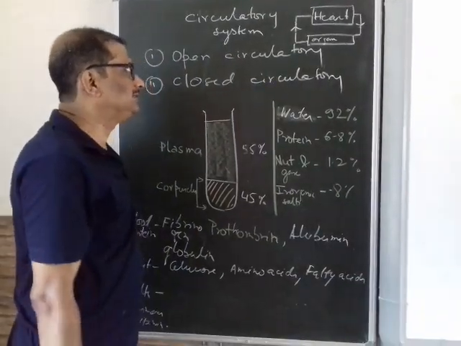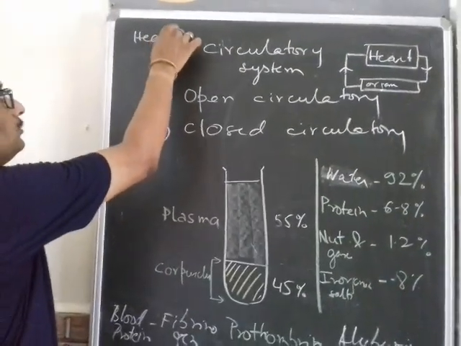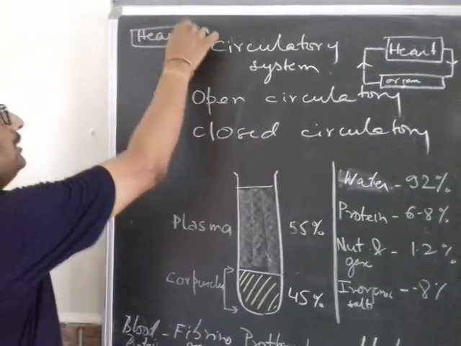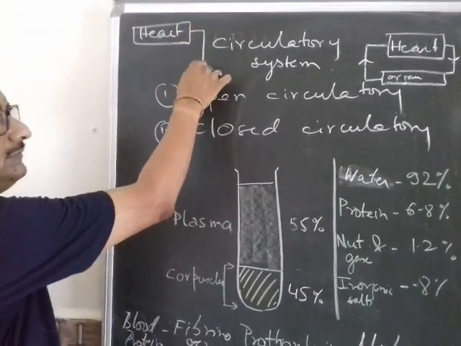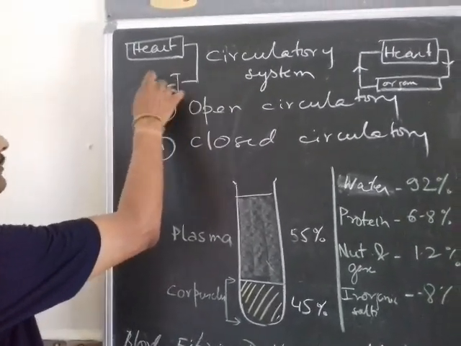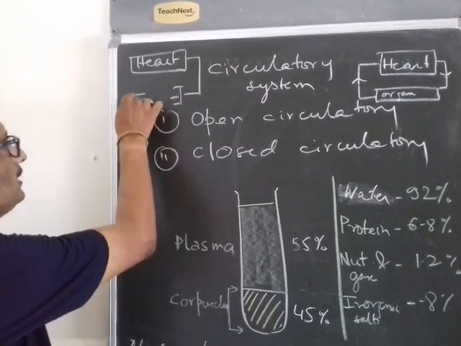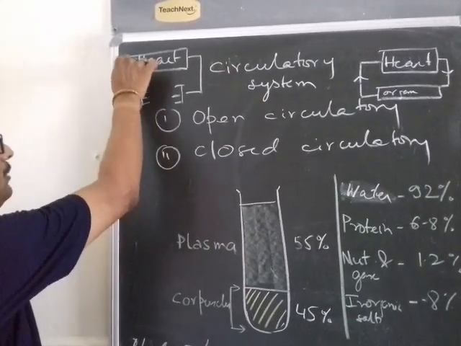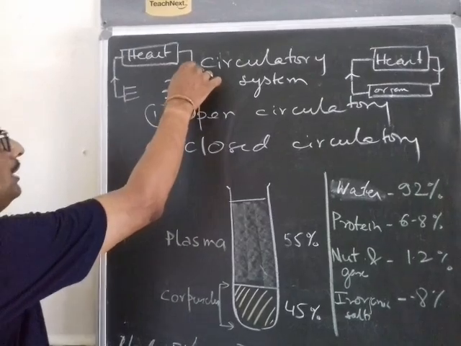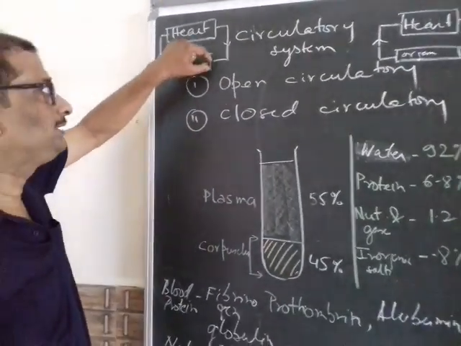The open circulatory system is something different. There may be some heart-like structures. The blood flows and then comes out, branching into small vessels into the tissue fluid, and from the tissue fluid it is connected to another specific type of vessels and goes back to the heart. So in between there is a breakage in the connection.